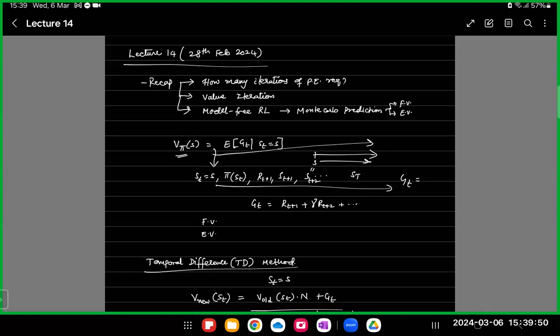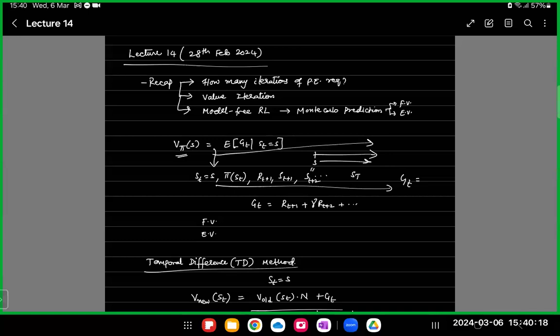If you want to find V pi of s for a given state, you start from the state s and run one whole episode. You will get one sample for V pi of s. You get multiple such samples and then take the average of them. Then you'll get some estimate of V pi of s. So that was the Monte Carlo method.